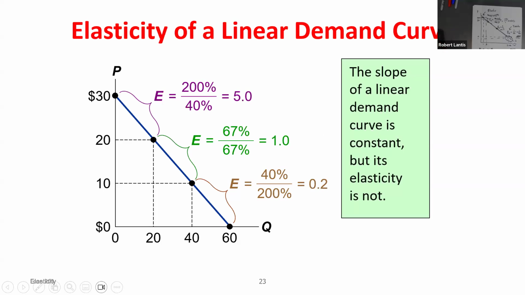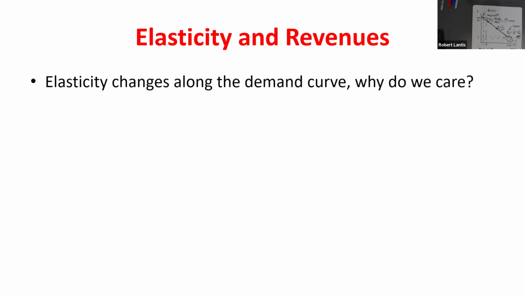Any questions before we keep moving here? We're going to use this idea that the elasticity is different at different points on my demand curve. So why do we care that it's different at different points on the curve? Well, as a company I care about this, and consumers care, because it's directly related to revenues. We'll think about why here. So I'll set this up initially.